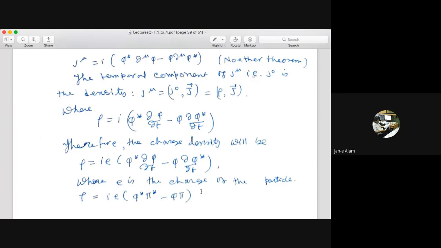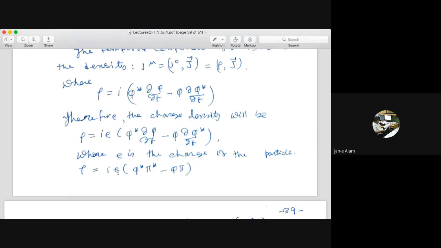And you remember, if I integrate over this charge density, I will get the total charge, and I have shown you that the time derivative of the total charge is equal to 0. That was actually Noether's theorem. It says that if you give a global gauge transformation, and under that global gauge transformation the action remains unchanged, the total charge will be conserved. So that is what we saw the other day.